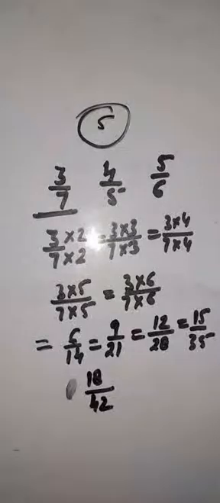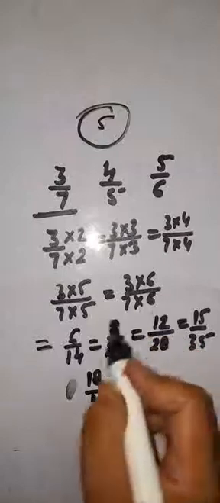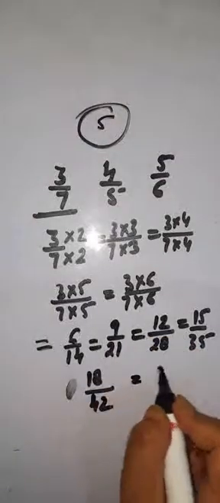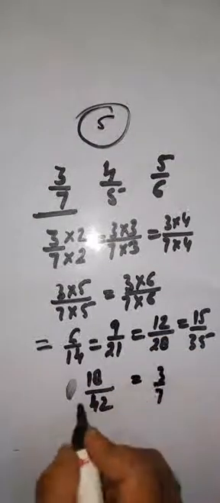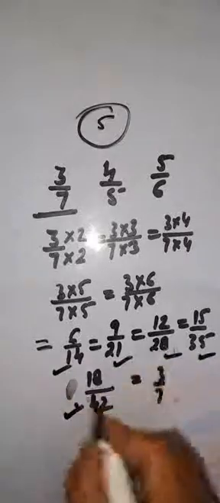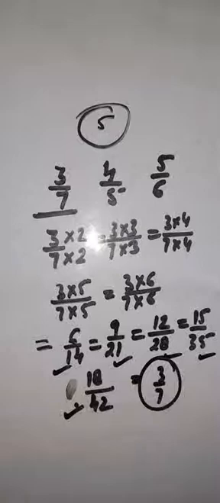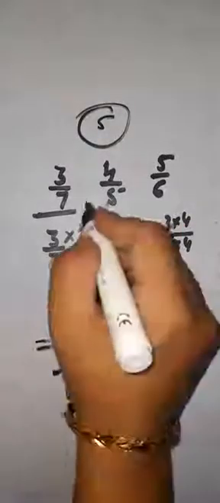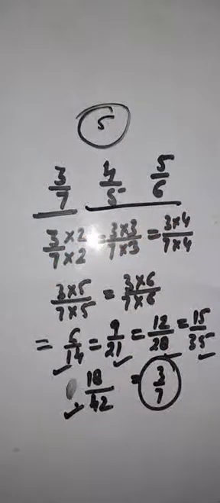Okay. So all these are the equivalent fractions of 3 out of 7. These are 5: 1, 2, 3, 4, 5. These are equal to 3 out of 7. In this way, you can find the equivalent fractions of the given fractions.